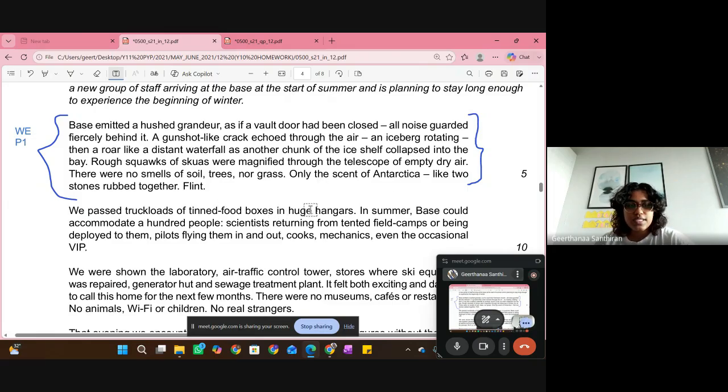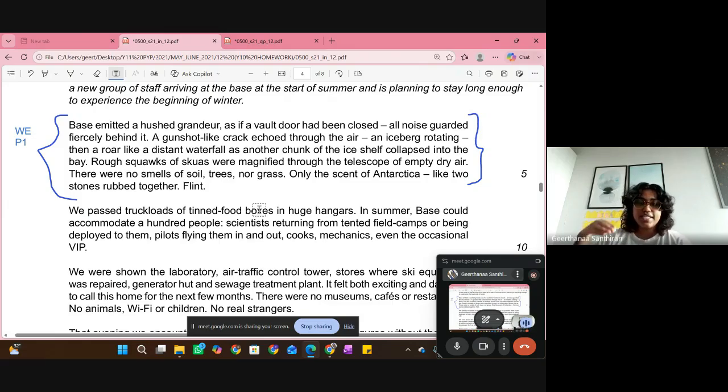"Like two stones rubbed together." Very Stone Age camping, intense camping. Two stones, then you get the spark, and then you can make your own fire. That's a wonderful image as well.